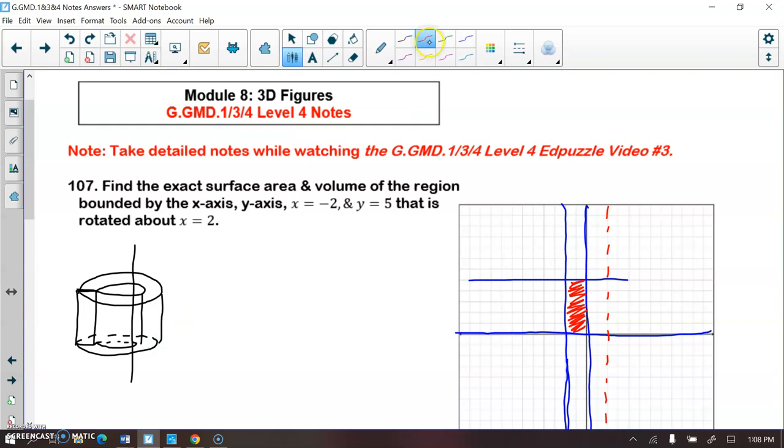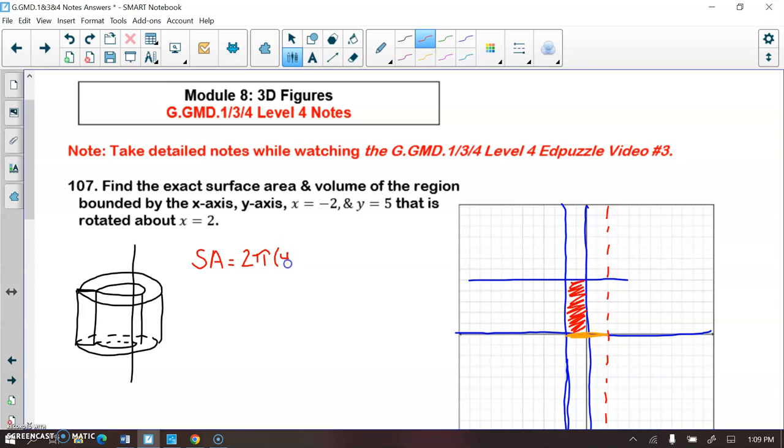So, again, with the surface area, I'm going to find the surface area of the outside cylinder. So that's going to be 2 pi times my radius, which is going to be 1, 2, 3, 4 units, because that's the distance away from the line that I'm rotating it about.